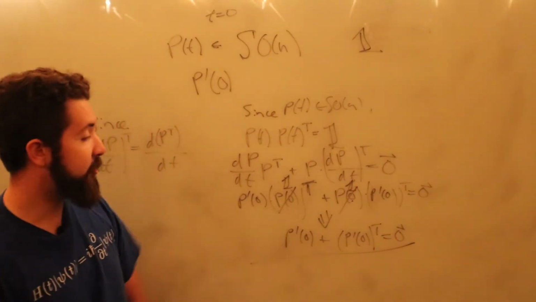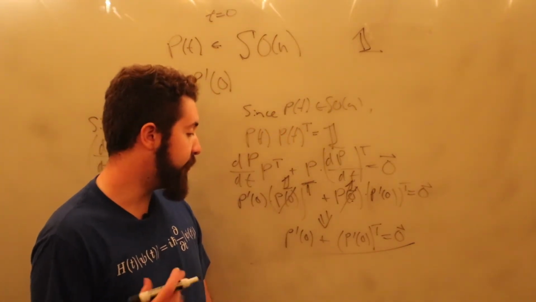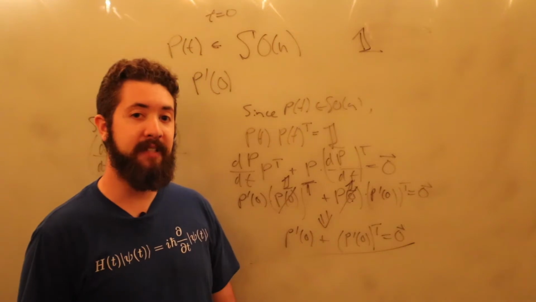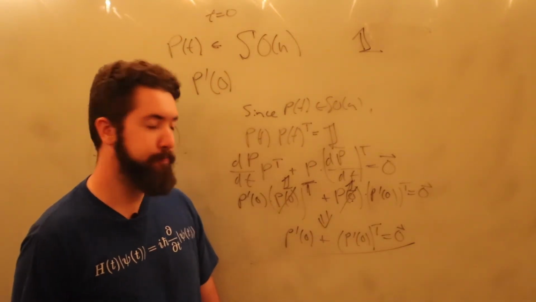This is a very special property that only a few matrices in the scheme of things satisfy, called the anti-symmetric or skew-symmetric matrices. That was step 1. We found out that tangent vectors to the special orthogonal group at the identity had to be skew-symmetric matrices.